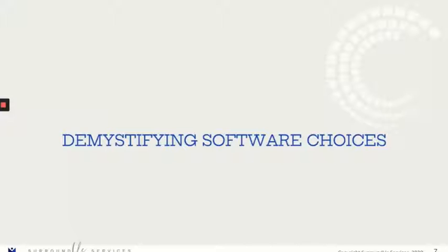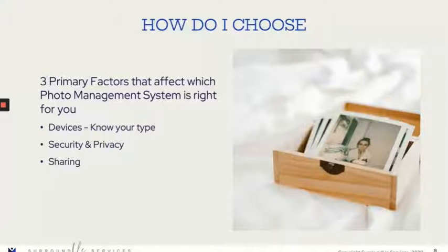Before we begin talking about the systems themselves, I want to highlight a couple other factors outside of devices that can influence this decision. We've already taken care of the device component by determining what user type you are.